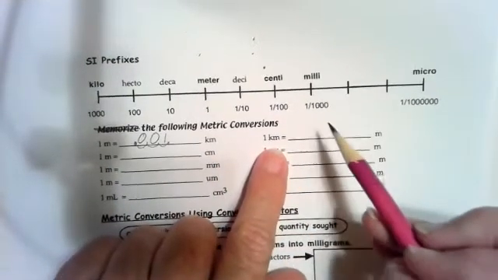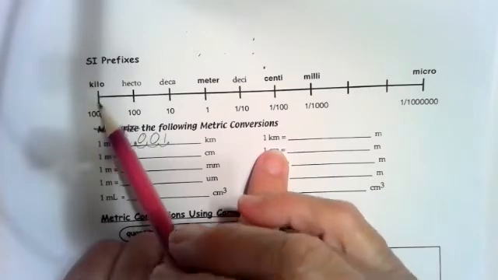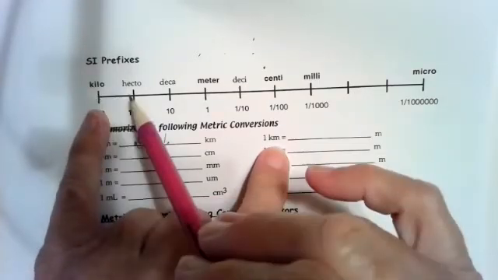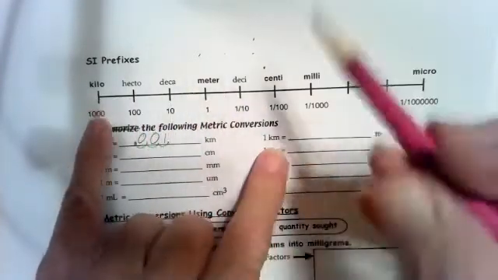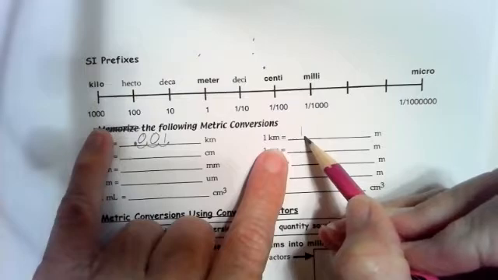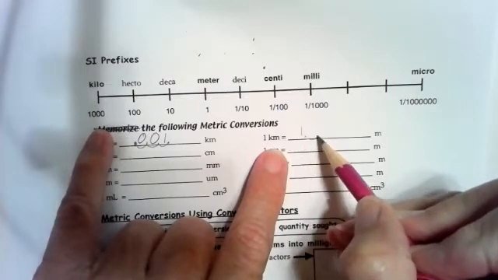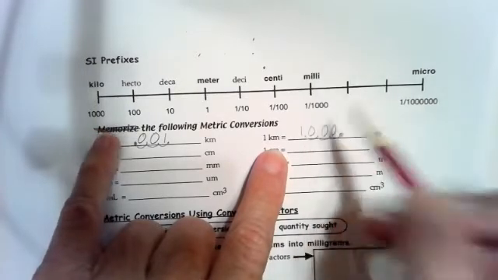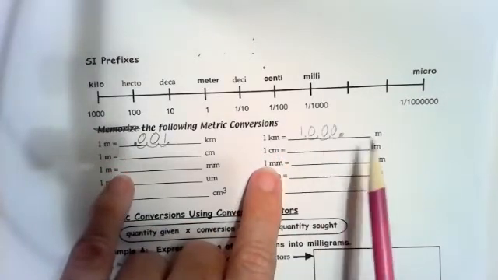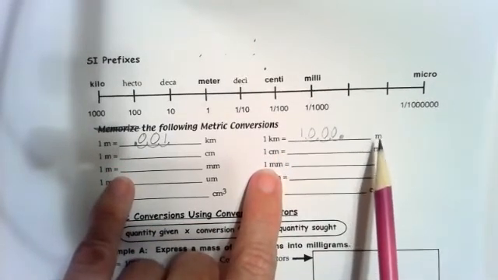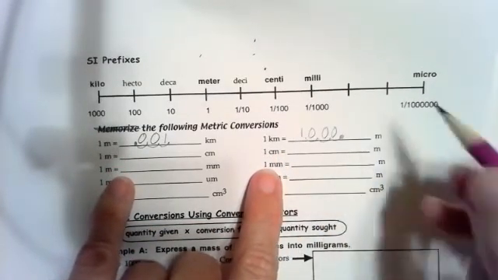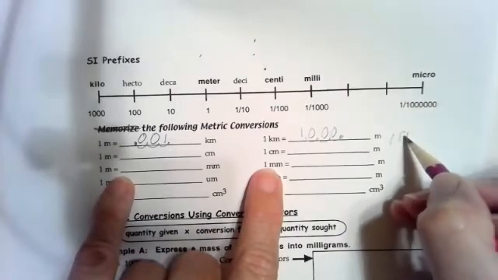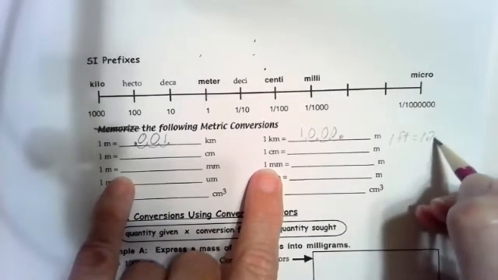1 kilometer is how many meters? So if I have 1 kilometer, then I'm going to go 1, 2, 3. I start, once again, here's the decimal. So I'm going to go 1, 2, 3. So 1 kilometer is the same as 1,000 meters. So it's like saying 1 foot is the same as 12 inches.